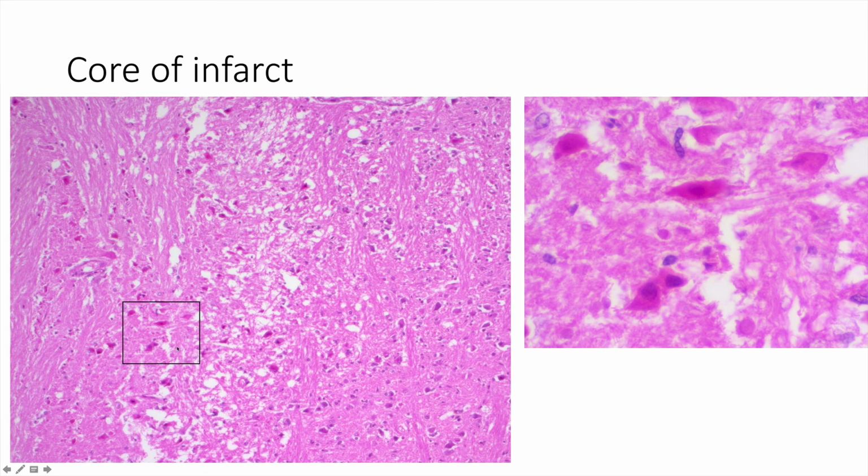The other thing I'd like to draw your attention to on this specimen is that if we then move closer and into the infarct itself, now all the neurons have taken on this characteristic reddened look, and in fact most of them have lost their nucleus and will die irrespective of whether the blood supply was returned or not. And compare it with these particular neurons down here.